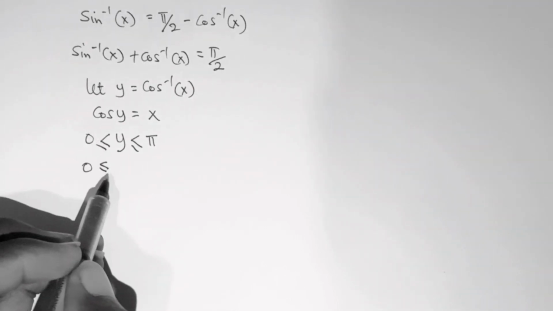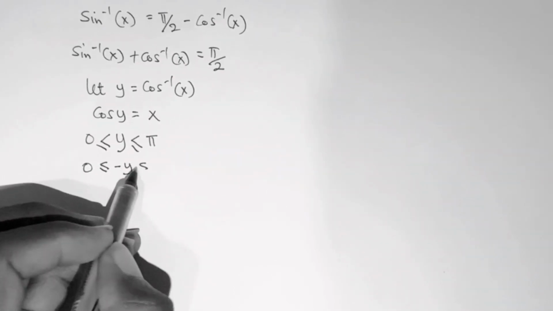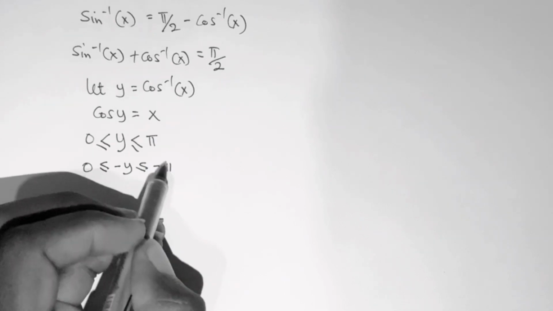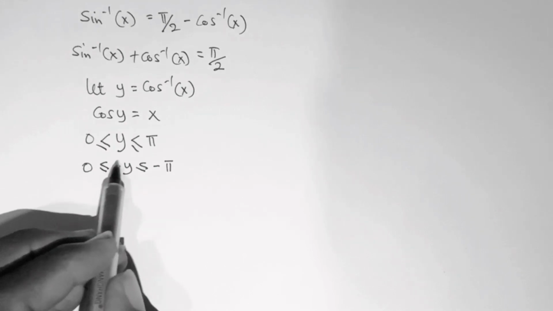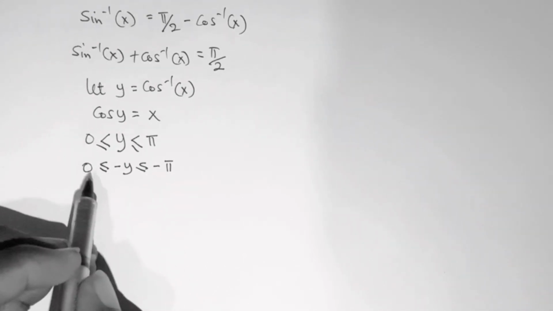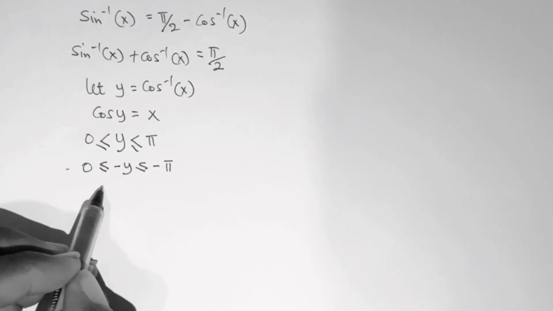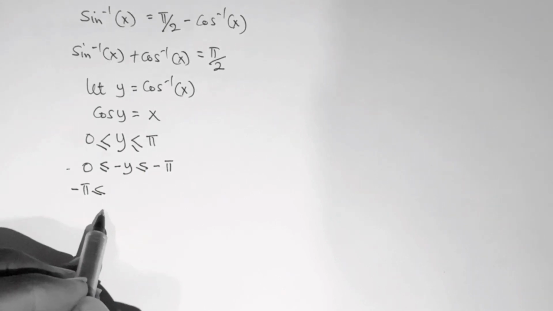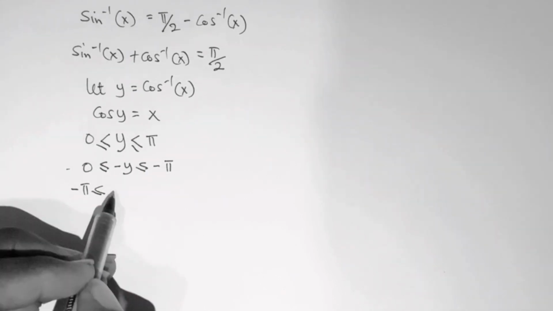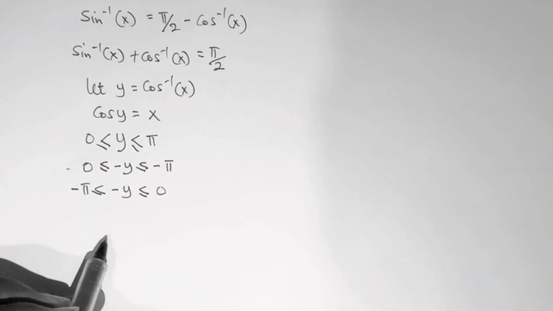If you multiply y by minus 1, you get minus y. If you multiply pi by minus 1, we are going to get minus pi. Nonetheless, because we have multiplied by minus 1, we need to change the sign. So this is not correct. The actual thing is minus pi is less than or equal to minus y, which is less than or equal to 0.